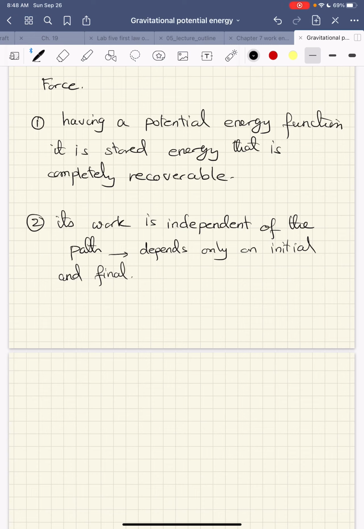Now, one thing that we need to add is potential energy means stored energy. There is another type of energy, we call it elastic potential energy. And this is the energy that we can store in springs.